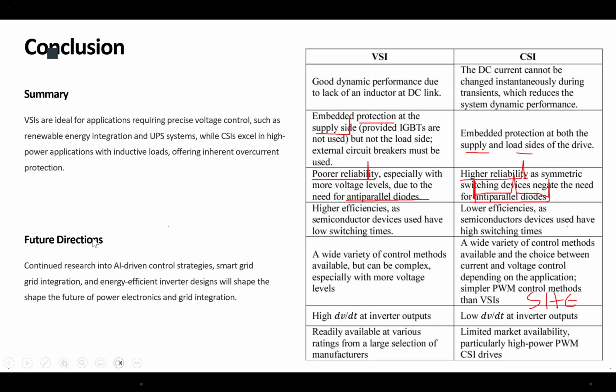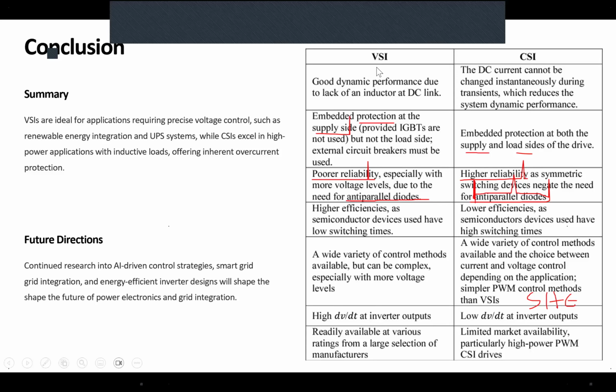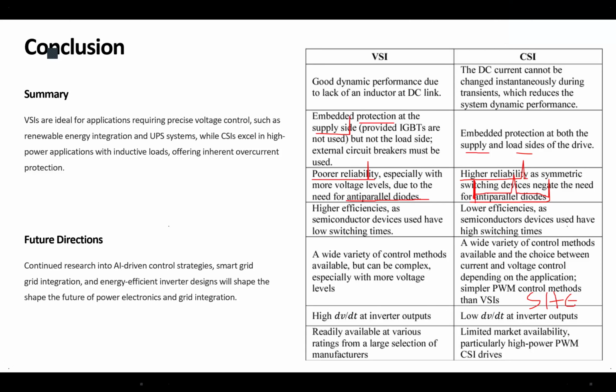Okay. So this is basically our conclusion, talking about the voltage source inverters and current source inverters, the two categories. And again, I summarized the differences in the last slide. There's a table, and in the first slide also I had a table. I really encourage you to look into that. In the next session, now that we have talked about the categories, we are going to choose one type of inverter, the voltage source inverter.